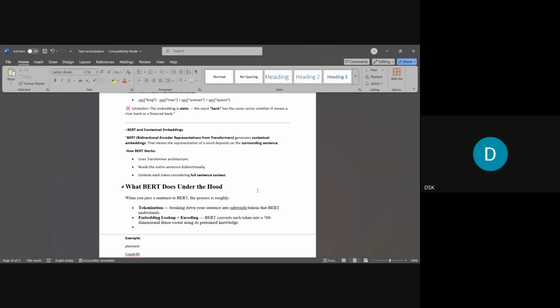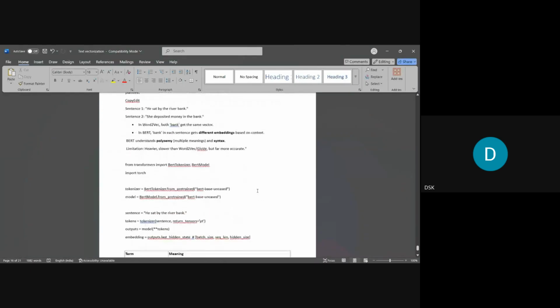So what does BERT do under the hood? When you pass a sentence to BERT, the process is roughly: tokenization, breaking your sentence into subword tokens that BERT understands. Then embedding lookup plus encoding: BERT converts each token into a 768-dimensional dense vector using its pre-trained knowledge.